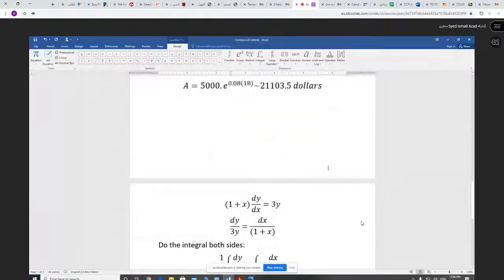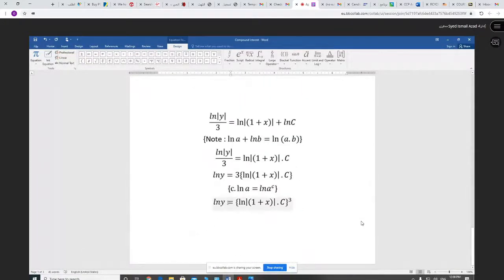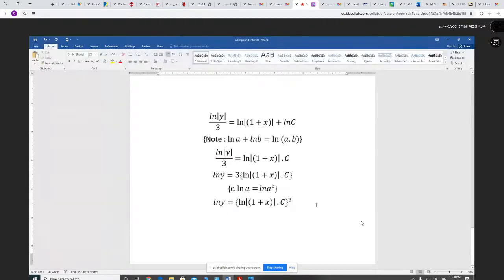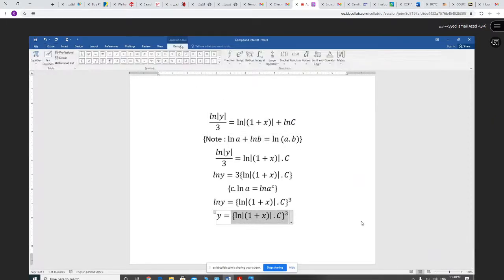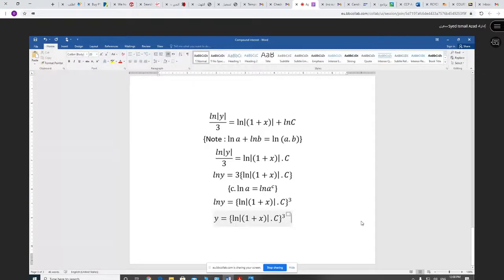So let us do that. By using that property, the right hand side will go to the power of e.